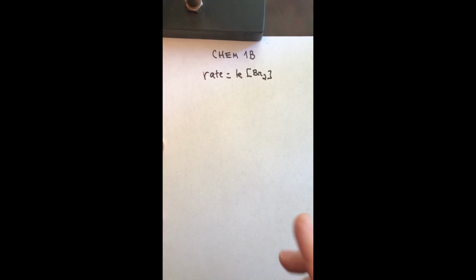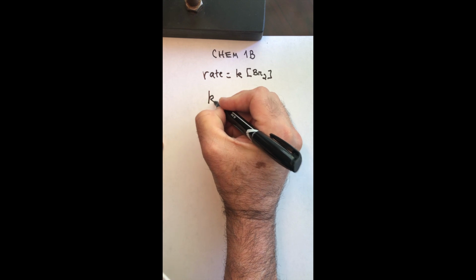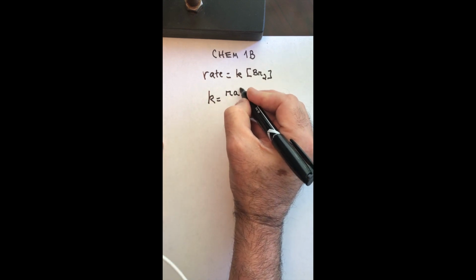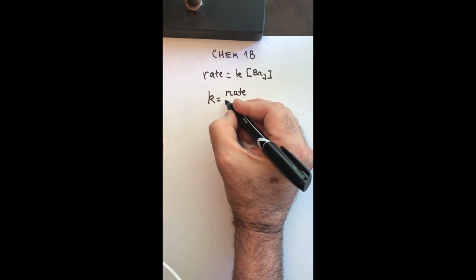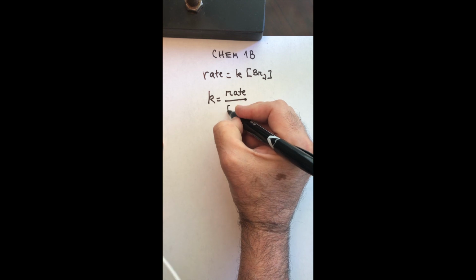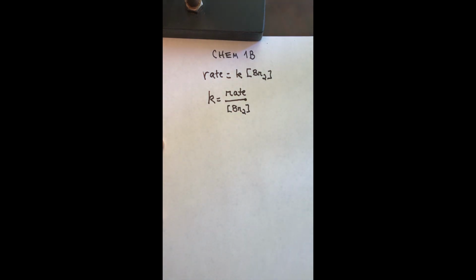So if we rearrange this, we would say that then k equals the rate over the concentration of bromine in solution.